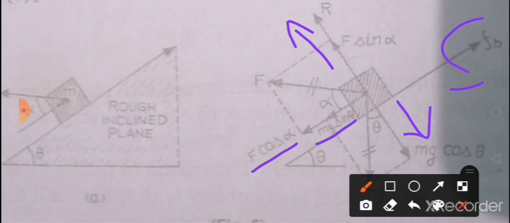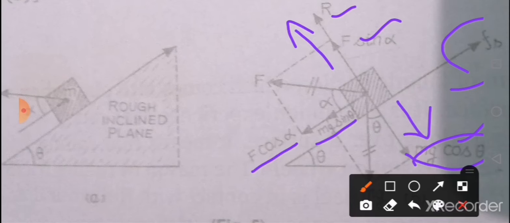You know how we take the free body diagram equations: adding the forces gives zero, and since Fs is in the opposite direction, a minus sign comes, so that you take it to the right hand side. That is why R plus F sin alpha becomes equal to mg cos theta.